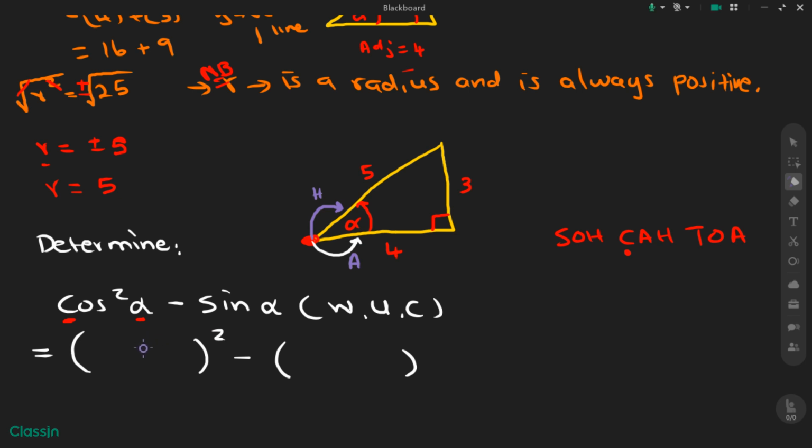Now, what is your adjacent? Your adjacent is 4 over what is your hypotenuse? Your hypotenuse is 5.